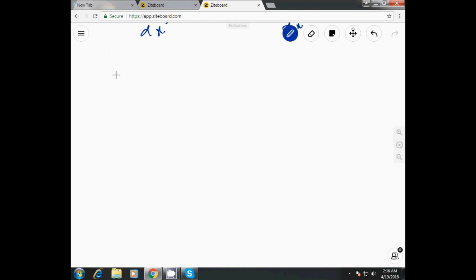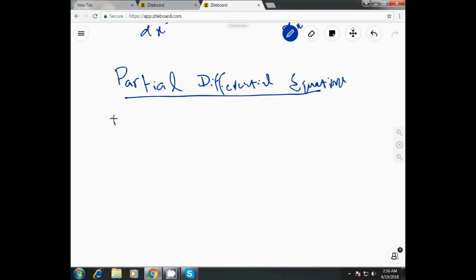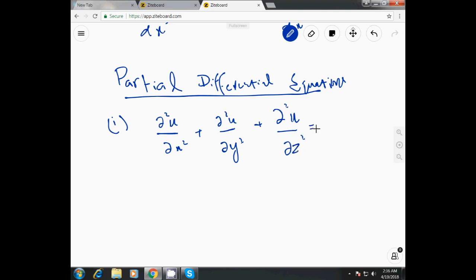Similarly, in the case of partial differential equation, the examples are: number 1, partial square u by partial x square plus partial square u by partial y square plus partial square u by partial z square is equal to 0.